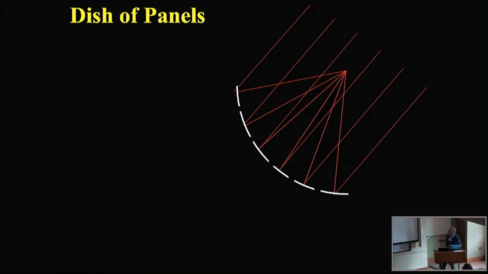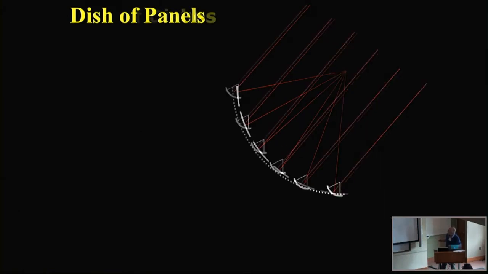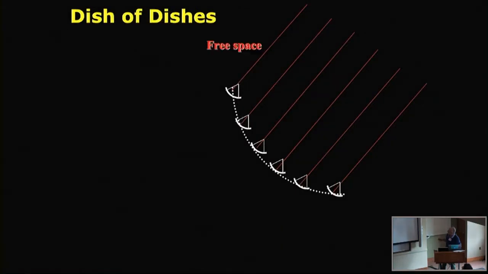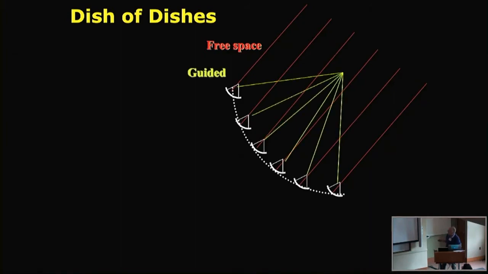But now I can do a trick where, instead of thinking of them as panels, I can think of them as individual telescopes along this imaginary parabolic shape. I can sum them up now, and I can get a focus.